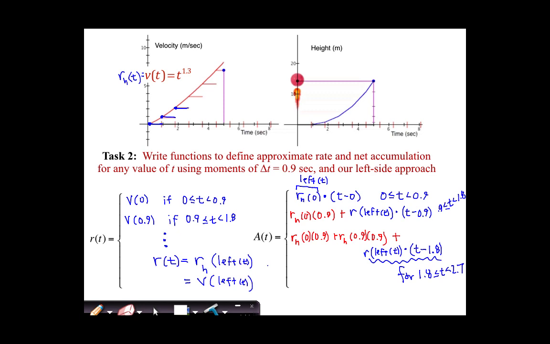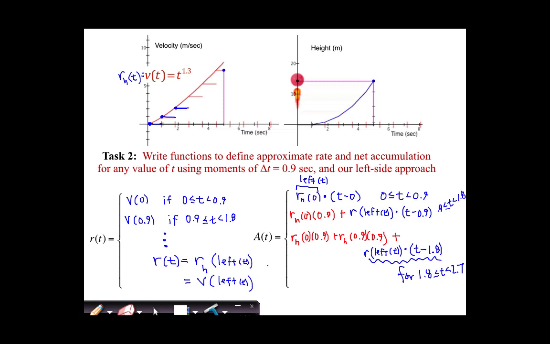So I've got m dx plus m dx plus m dx for each one. But you can also think of the stuff that I have in red as the initial value. That's where we started from, everything that was already done, plus what's now accumulating in our most current rate. I can describe how to find that rate using this left idea, and how far I am into the interval by doing the current value t minus the beginning of the interval.